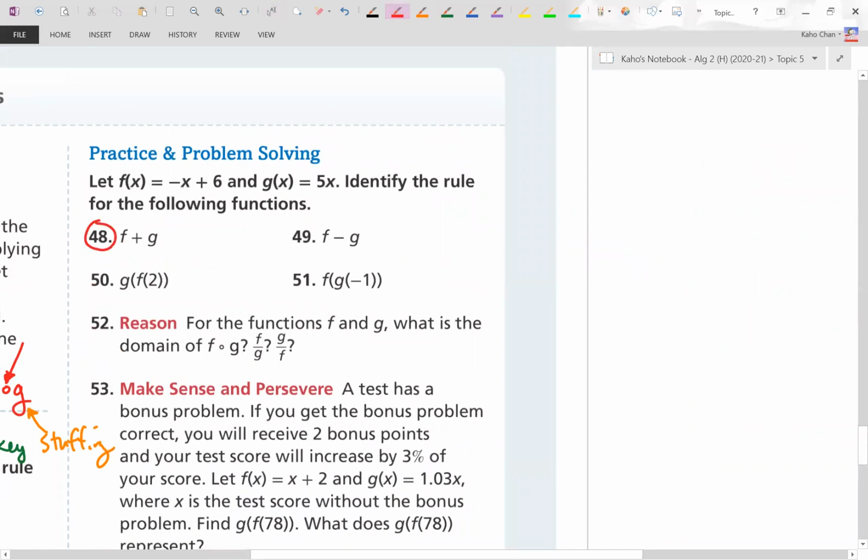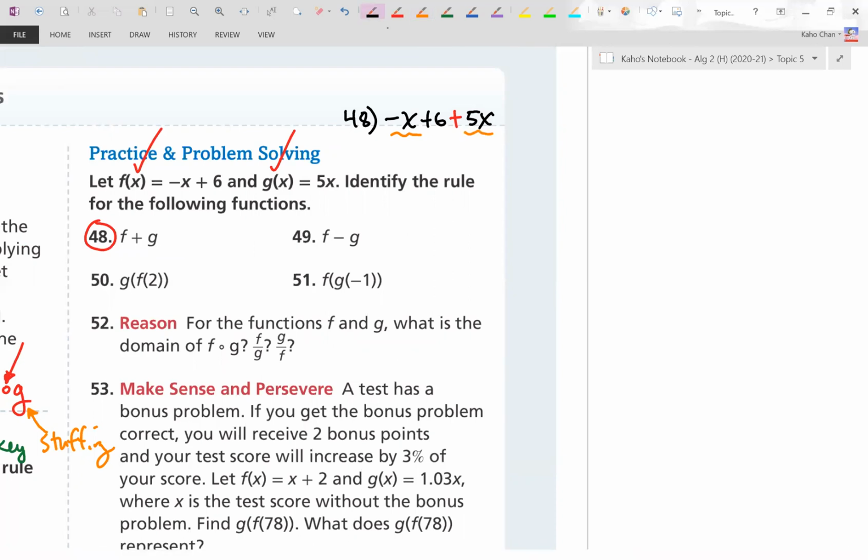Here are the two functions, f and g. We're going to do that for number 48 right now. 48. f plus g is negative x plus 6 plus 5x. Combine like terms, of course. And that gets us 4x plus 6.